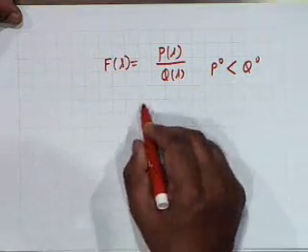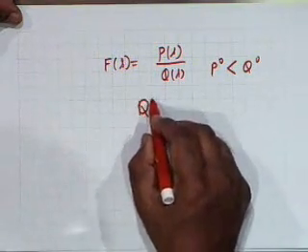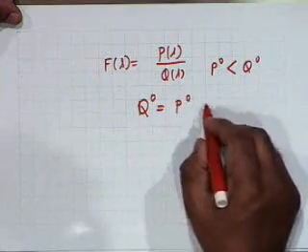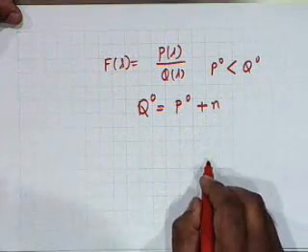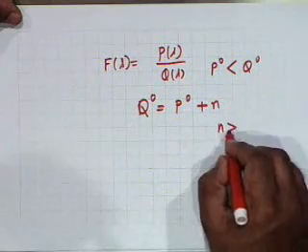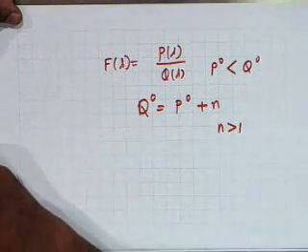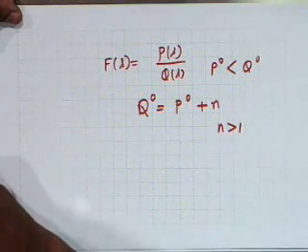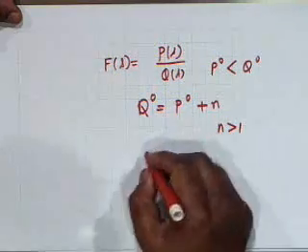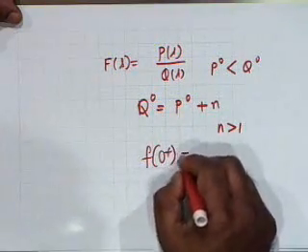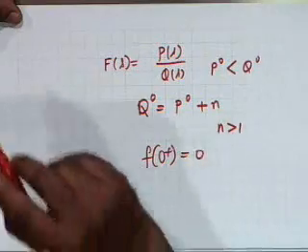Okay. Suppose the degree of q is equal to the degree of p plus n, where n is greater than 1. Then what does the initial value theorem say? F of 0 plus shall be 0. Is that clear?